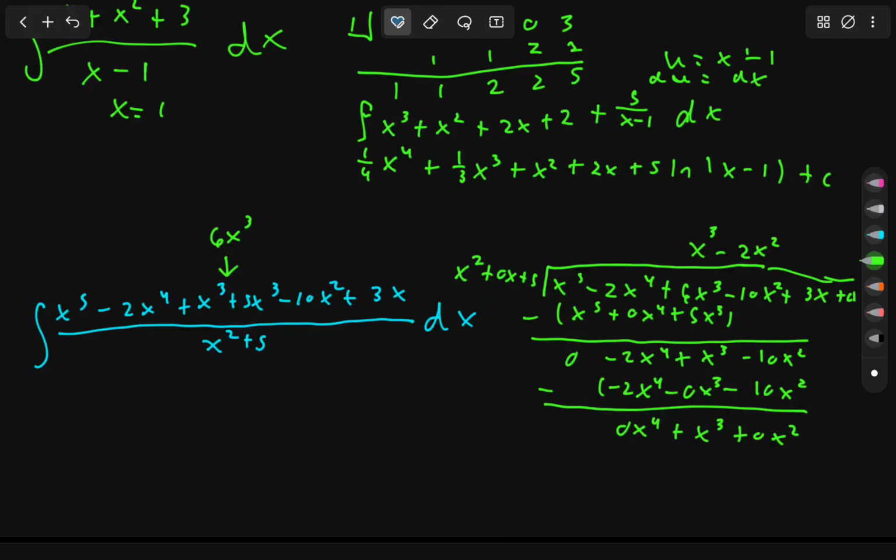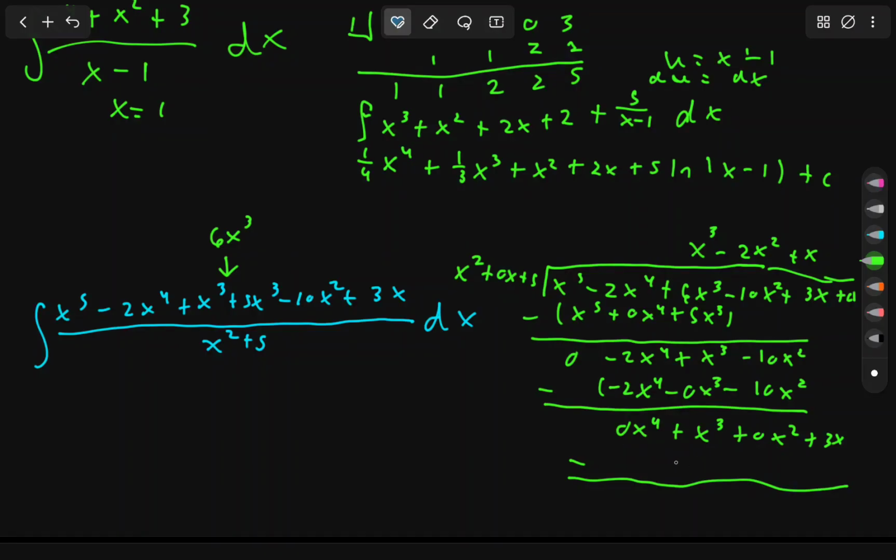Okay. Now we have to find our next term, which we're going to drop down this 3x, so we get plus 3x. Well, what number do we have to multiply x squared by to get an x cubed? And the answer is just x. Very neat. So we're going to subtract off whatever x is times that.